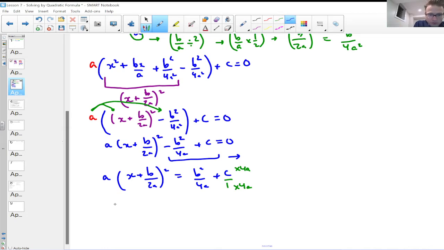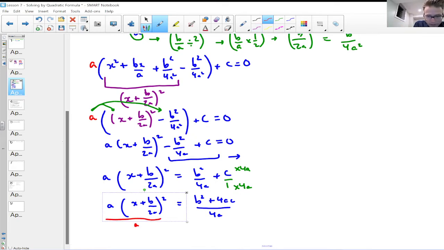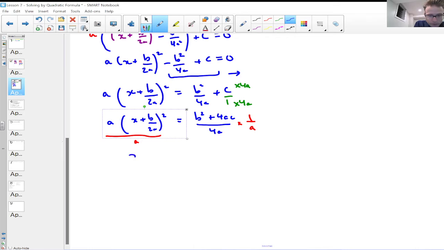I'm going to have a times x plus b over 2a, squared, is equal to b squared plus 4ac all over 4a. Now I'm going to divide this side by a to get rid of that a, which is in effect the same as multiplying by 1 over a. So here I will have x plus b over 2a, squared, is equal to b squared plus 4ac all over 4a squared.